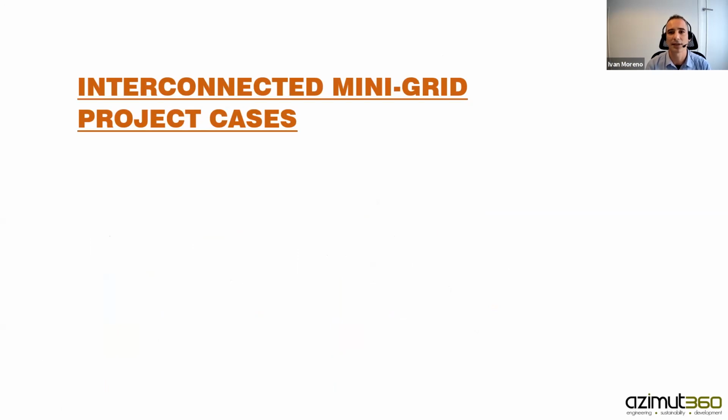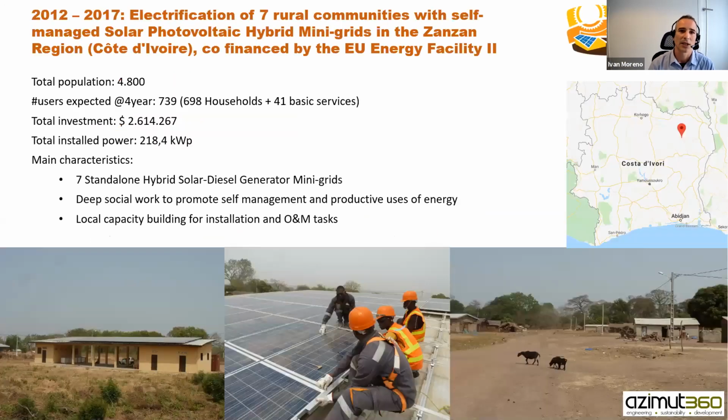Okay, let's try. So we have here a rural electrification of 7 communities. In this case, the population is 4,800 people, but the users expected are 739, which is almost 700 households and 41 basic services.